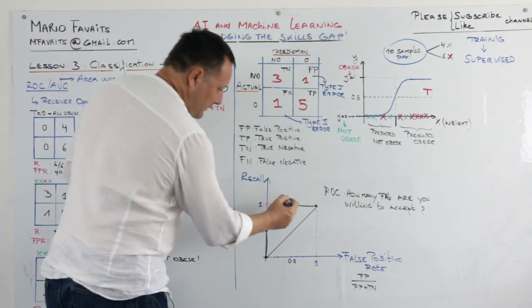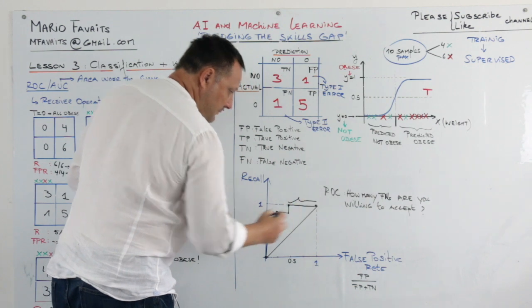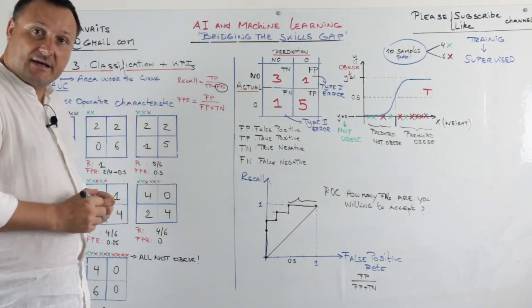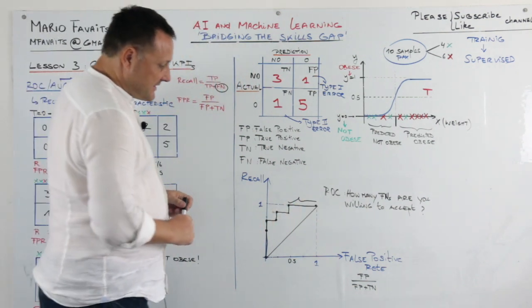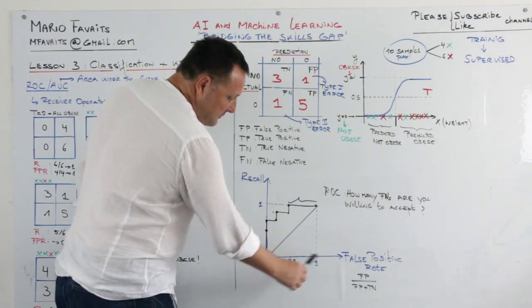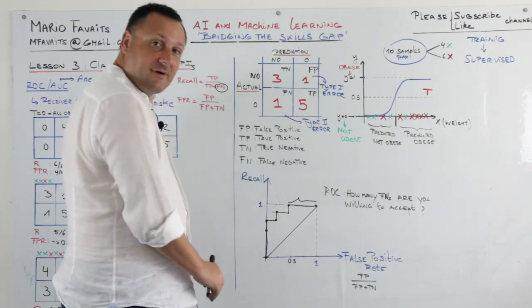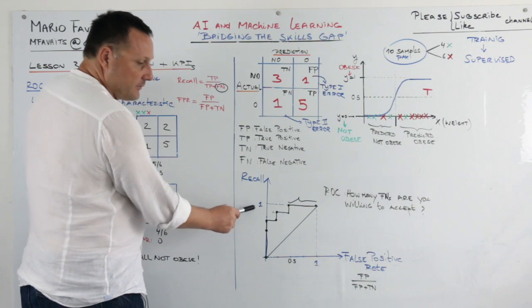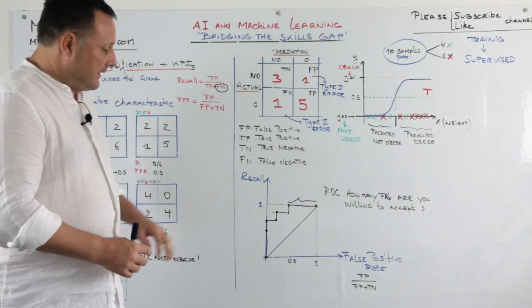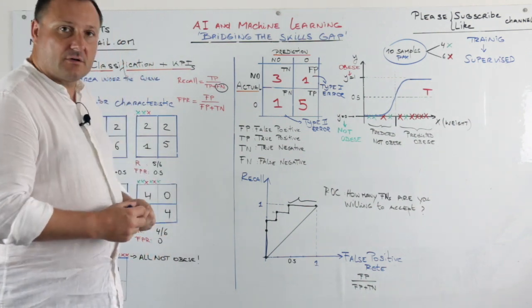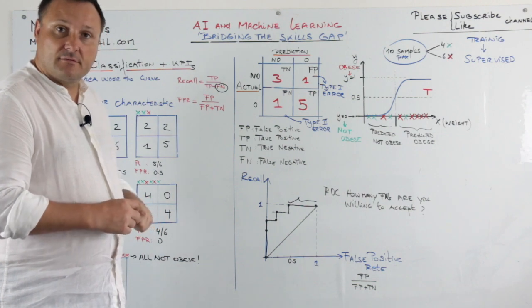So this means that you need to play in this area. You see, if you want to reduce the false positive rate further than 0.5, you will give in on recall. And this is the type of information you can see from this graph.